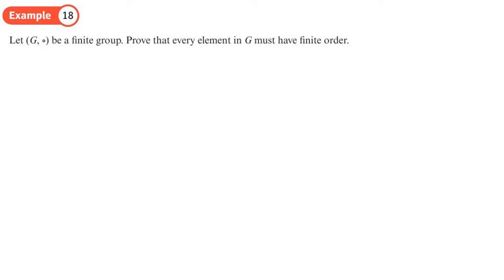Okay, so here it says we've got this group G, and here's the binary operation. It's a finite group. Prove that every element in G must have a finite order.